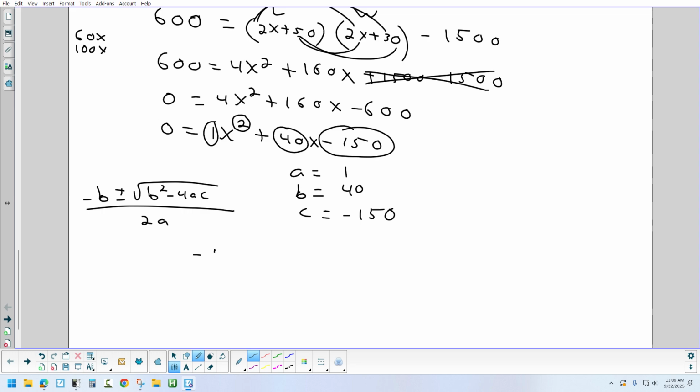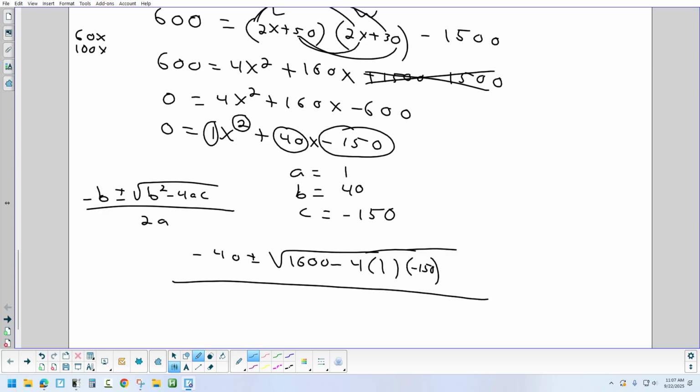Now we just fill them in and get our answer. So we've got negative 40 plus or minus the square root of 40 squared, which is 1600, minus 4ac, all divided by 2a. What's 2 times a in this case? Just 2.